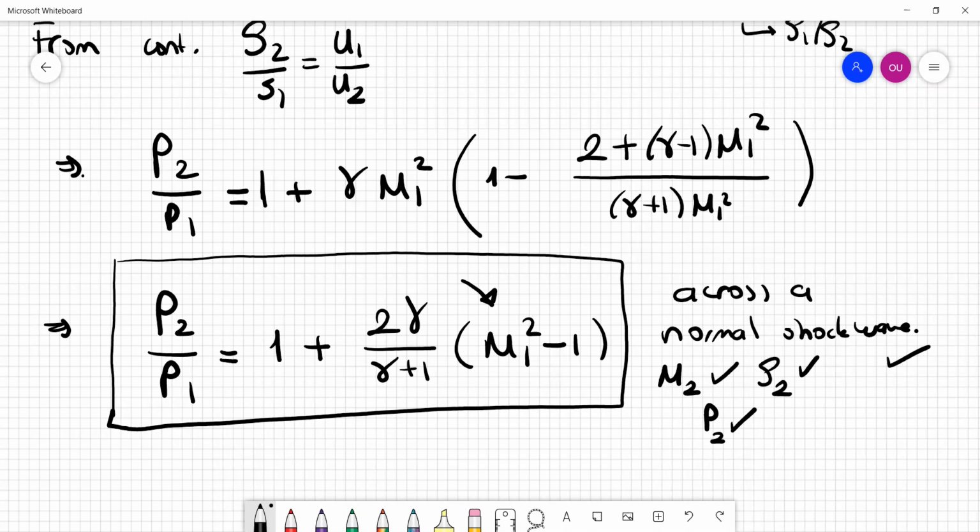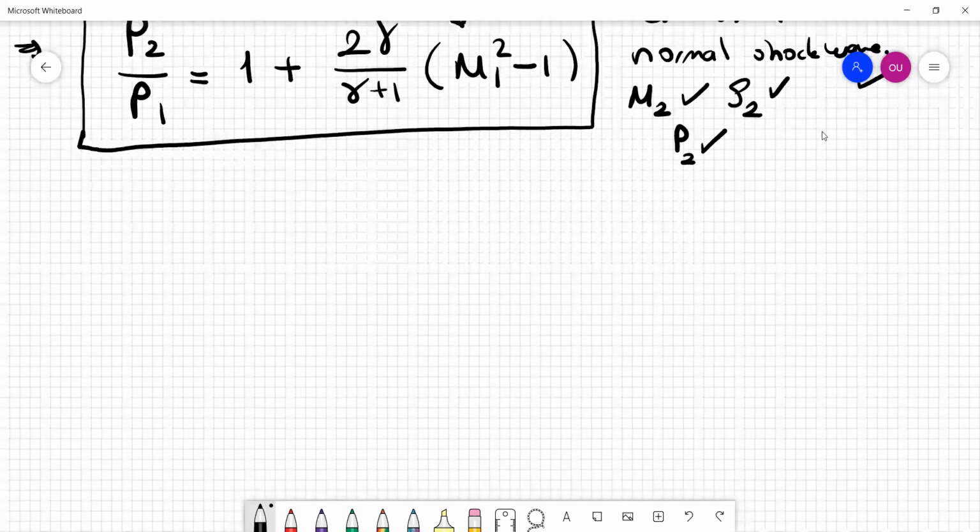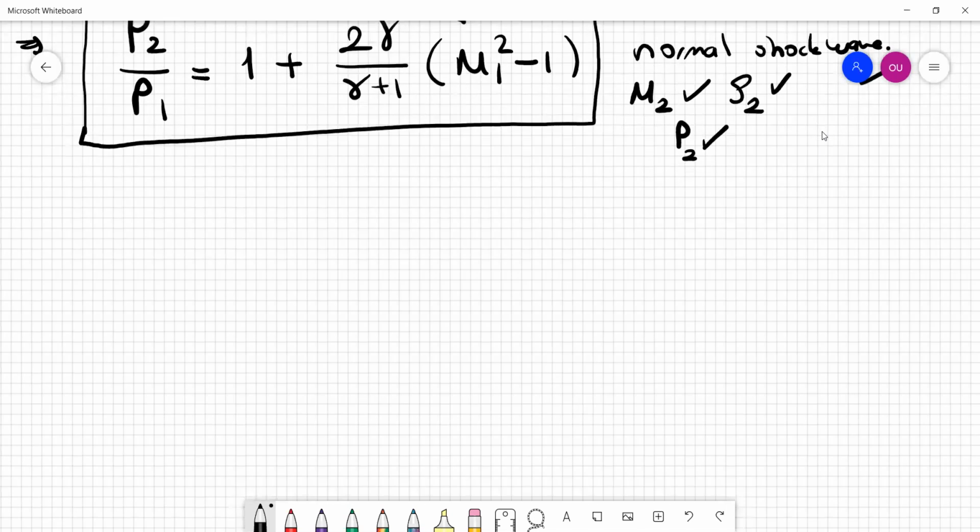My list has not ended yet because I need to know the temperature. Well, that is going to be quite straightforward. I want to know what T2 is after the shock wave, and for that I use the equation of state.